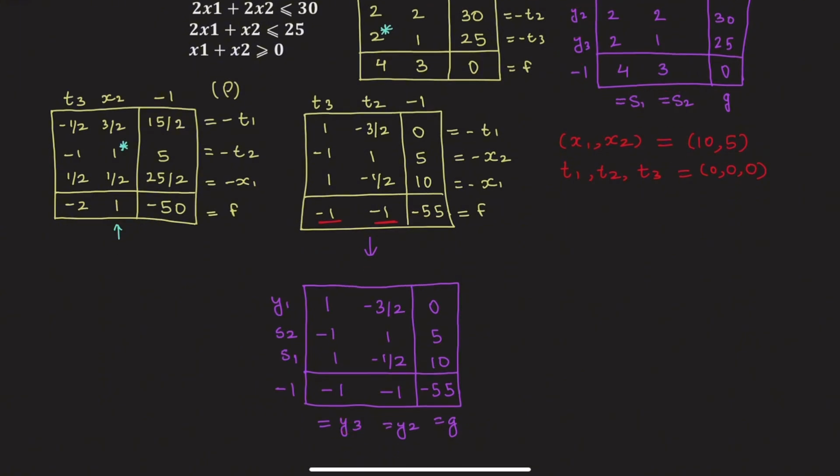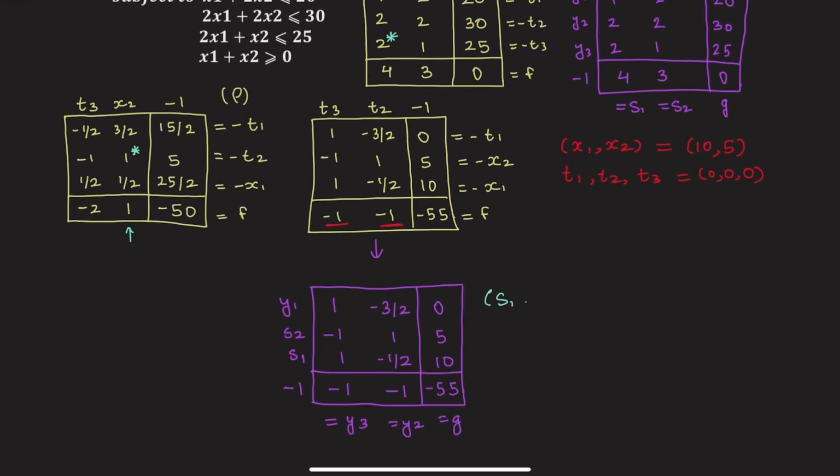So the final values for the dual tableau are: s1 and s2 are equal to 0, 0 because these are the slack variables. And the main variables y1, y2, and y3 are: y1 is 0, and y3 and y2 are 1, as we can see here.